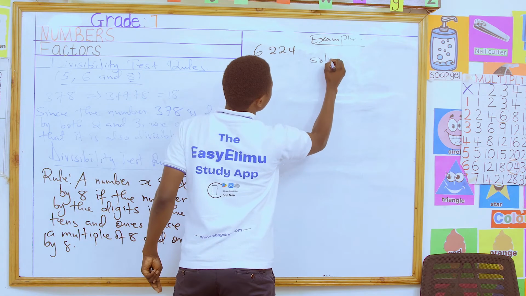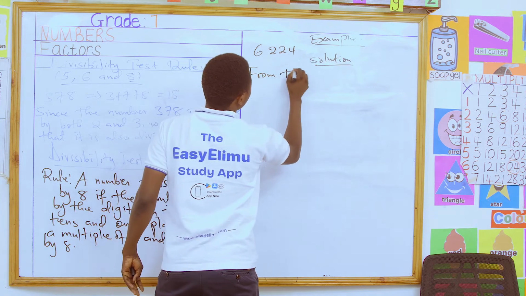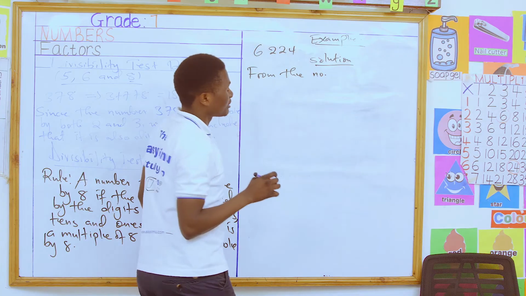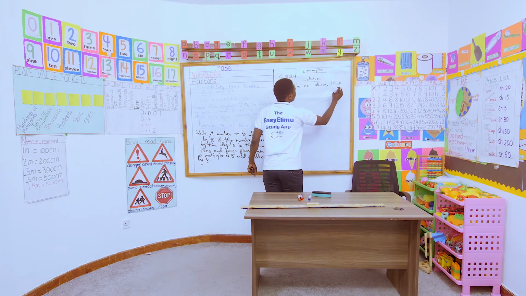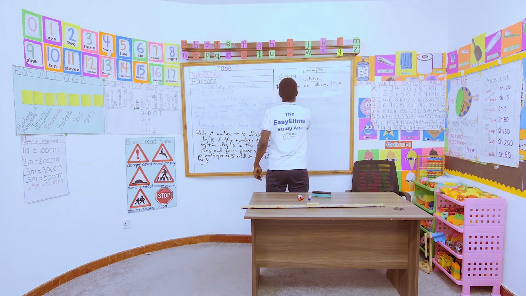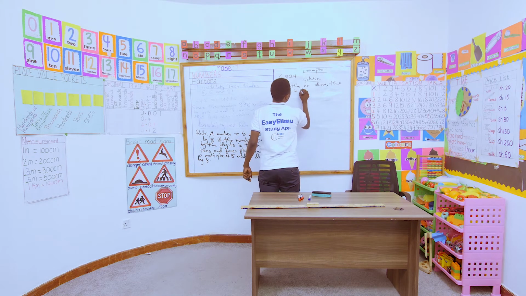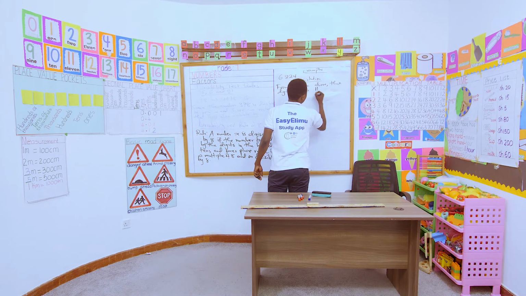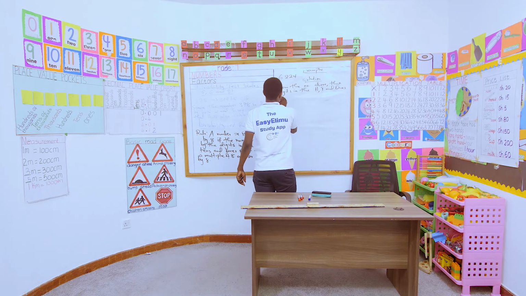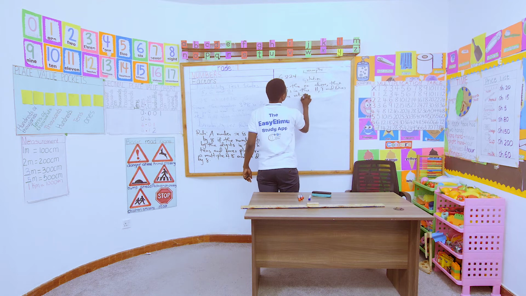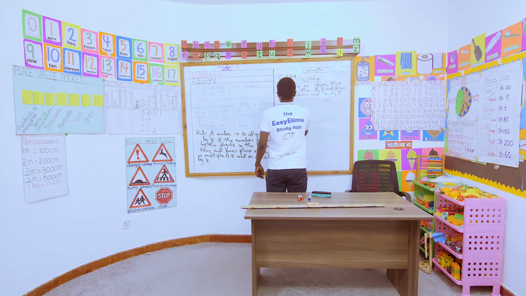So solution. From the number above, the digits in the hundreds, tens, and ones place values are 2, 2, 4 respectively.